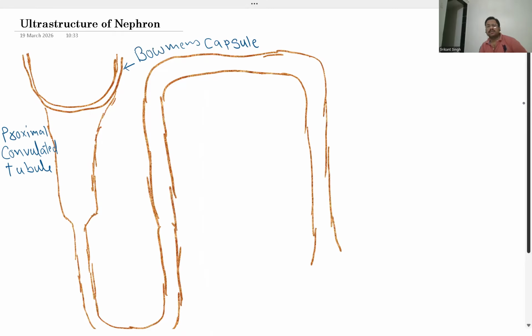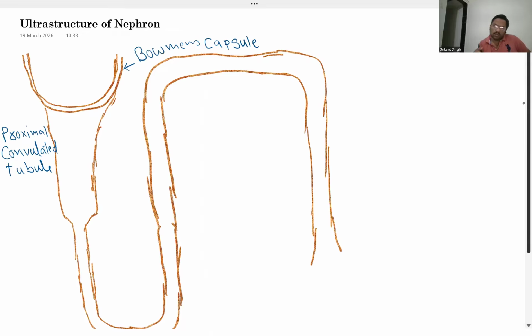It is the interesting part that here 70 to 80% of electrolytes and minerals are reabsorbed. Don't forget. How to remember? P for pass, proximal convoluted tubule.